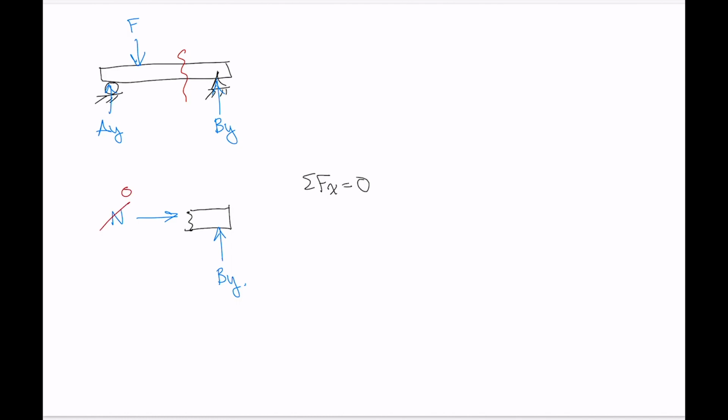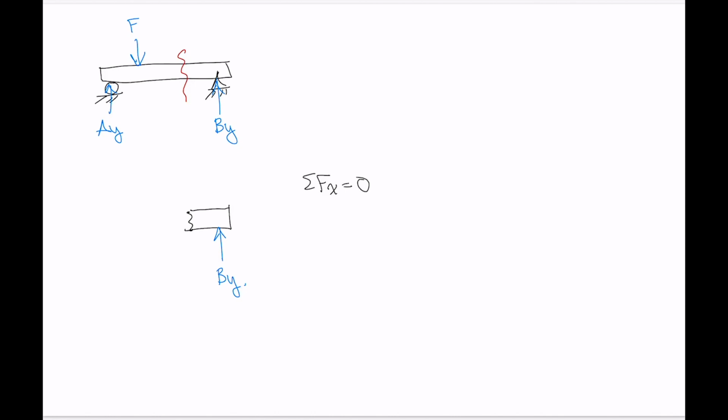There's no internal normal force. So let's just erase that for now to get it out of the way. And that's the case in a lot of beams, but not necessarily all beams. We'll see some beams that have normal forces in them when we start doing the combined loading work, but most of the beams that we'll deal with, at least at the start, won't have an internal normal force because there won't be any loadings in the horizontal direction or along the length of the beam.